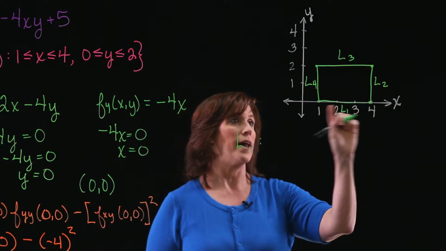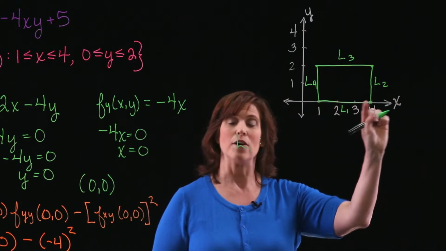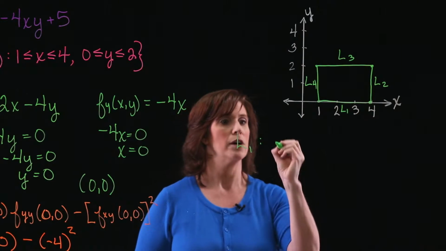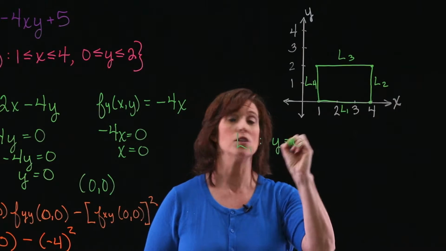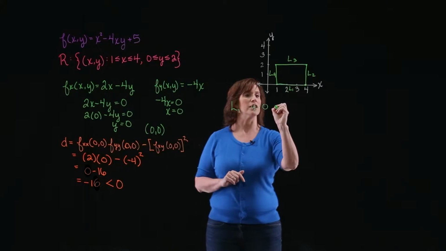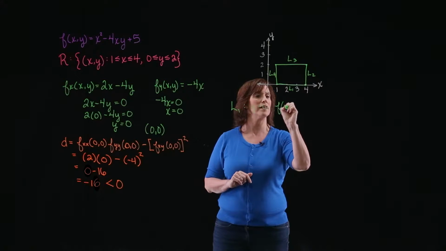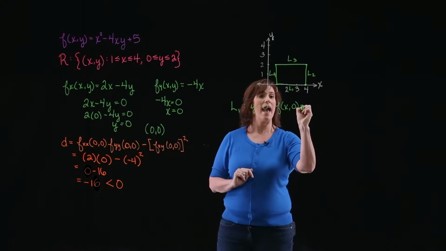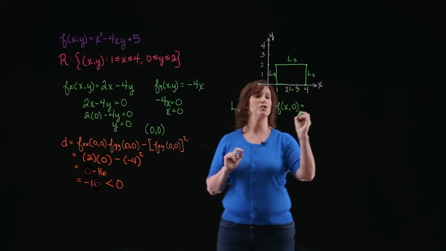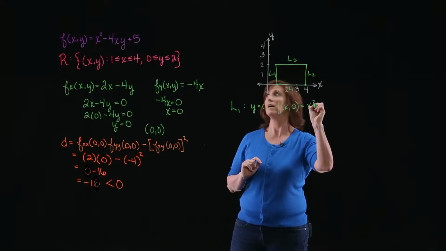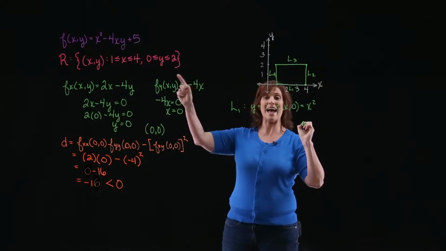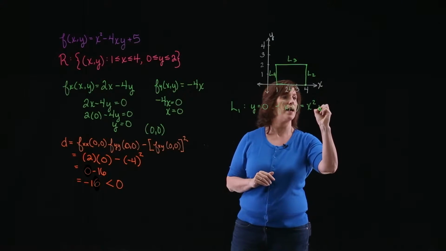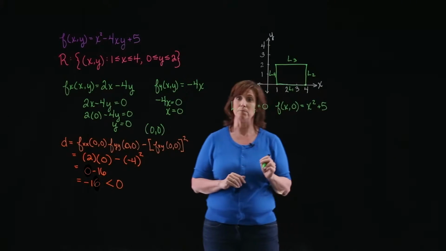If I'm looking at L1, I notice that the y value always has to equal 0. So y is always 0. So my function is going to look like the function f of x, 0. And that simplifies my function down to x squared minus 4 times x times 0, so that's 0, plus 5.